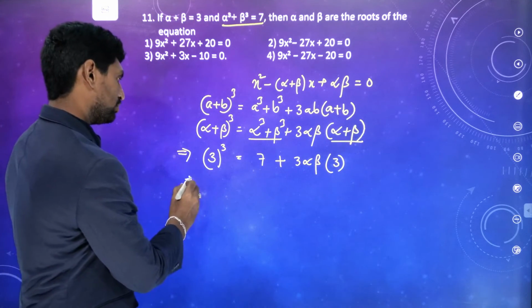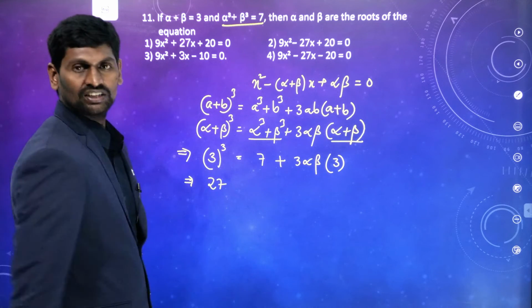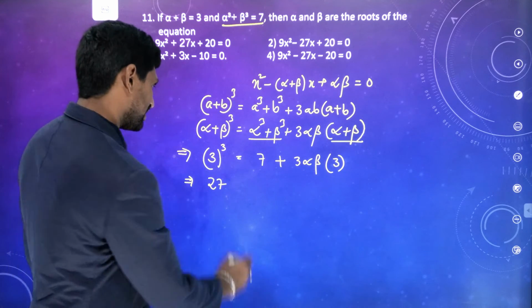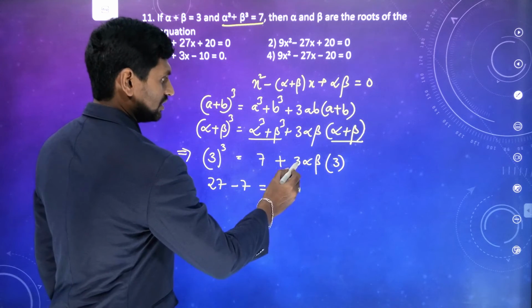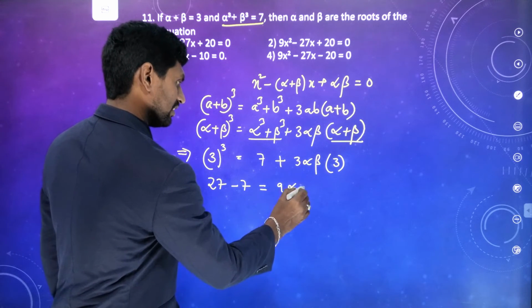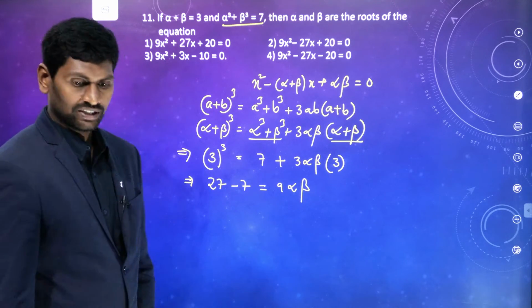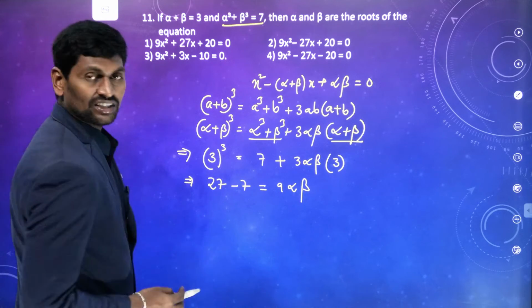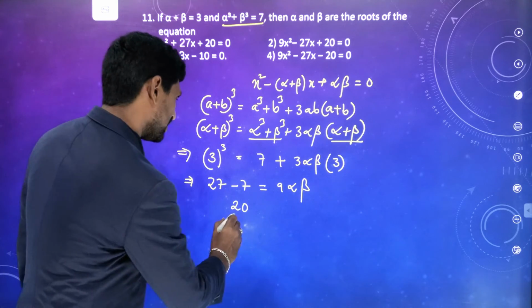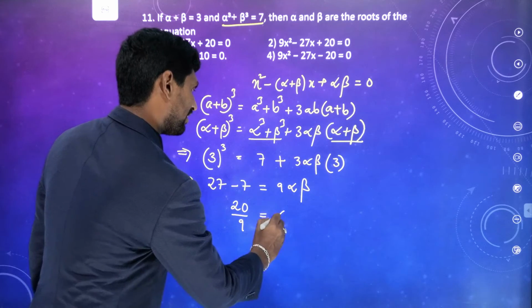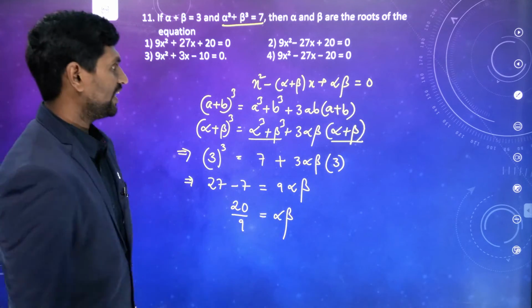So 3 cube is 3 into 3 into 3, 27. Plus 7, bring this side, becomes minus 7, equal to 3 into 3, 9 alpha beta. 27 minus 7 is 20, and this 9 when transposed divides by 9. So alpha beta value is 20 by 9.